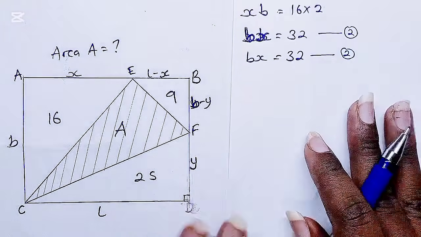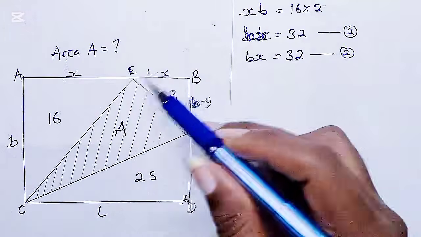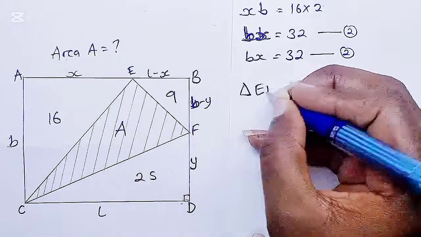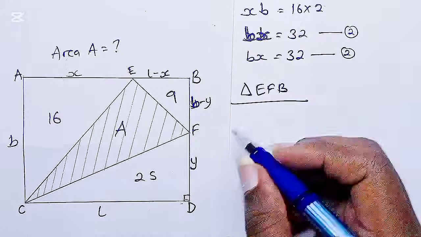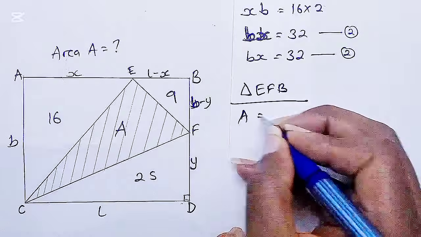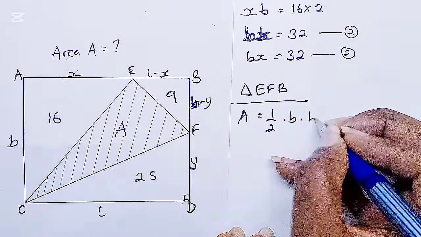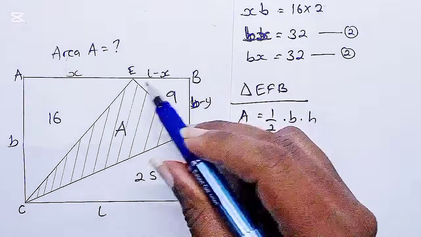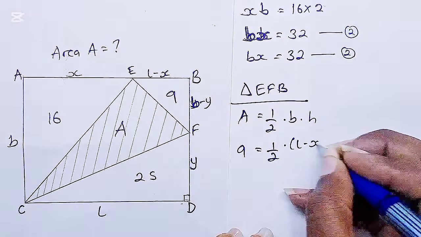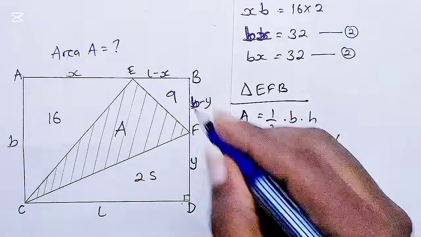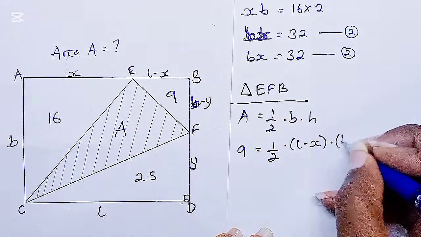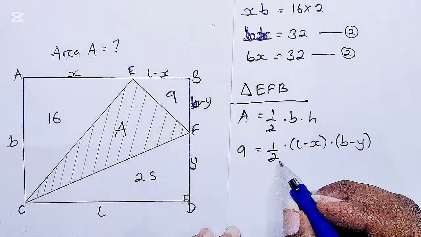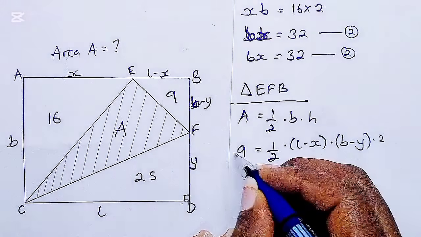Again, from triangle EFB, the area is a half times base times height. Its area is given as 9, equal to a half times the base, L minus X, and the height, B minus Y. So we multiply both sides by 2.